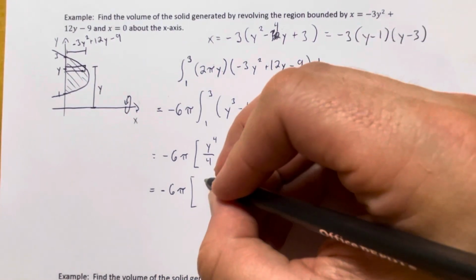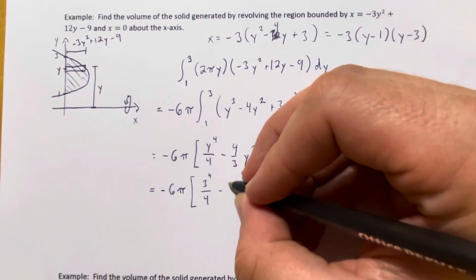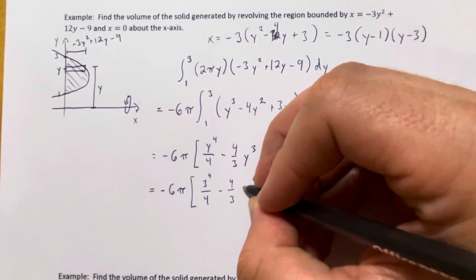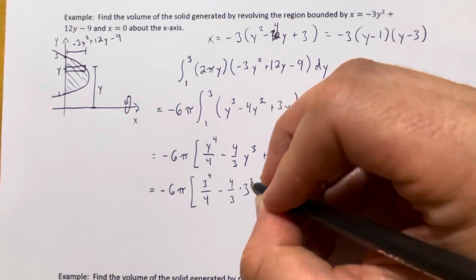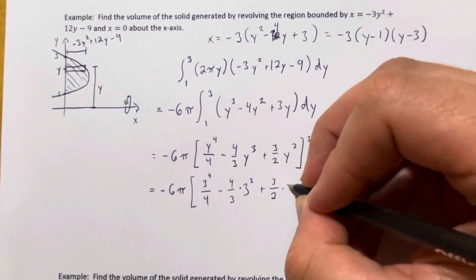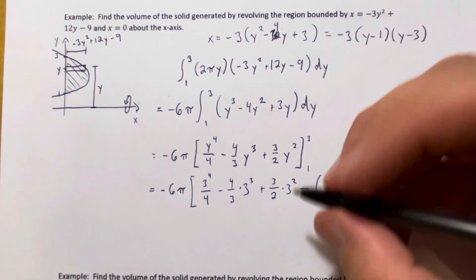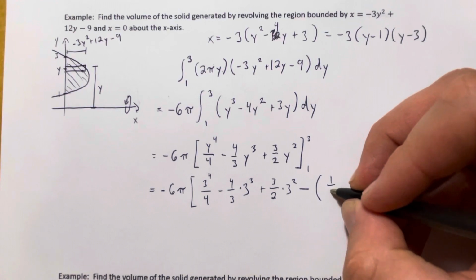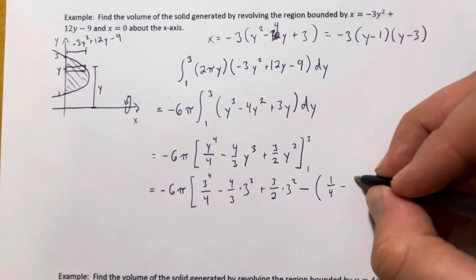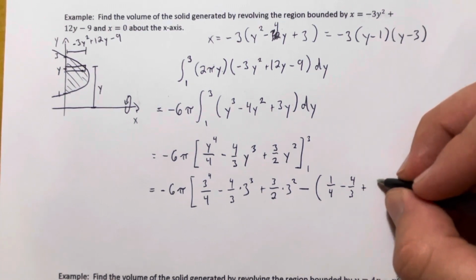Plugging a 3 in, I'm going to get 3 to the 4th over 4 minus 4/3 times 3 cubed plus 3/2 times 3 squared, minus, plugging a 1 in, I already know what each of these is going to come out to pretty easily, 1/4 minus 4/3 plus 3/2.